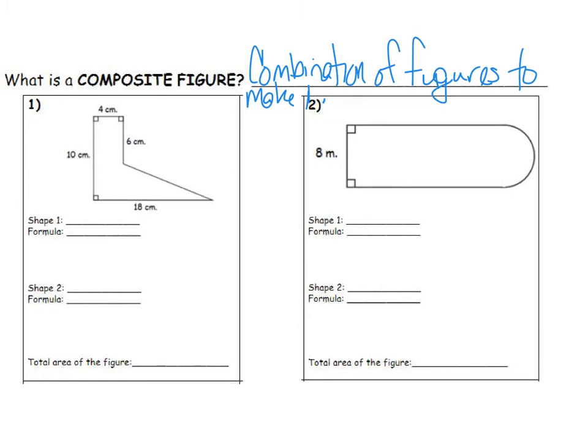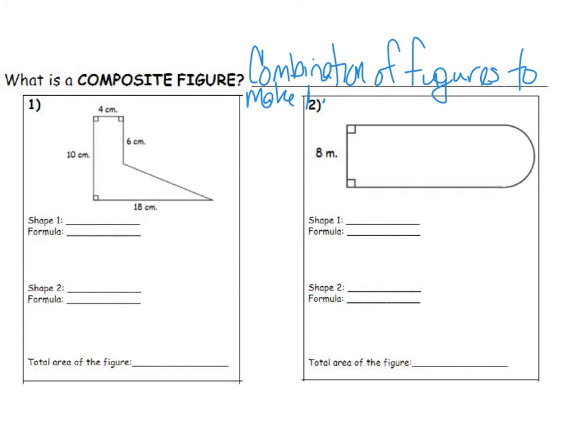In other words, you're going to cut the figure into 2 or 3 different parts. I'm going to give you about 10 minutes to do that. So go ahead and get started. The reason we're doing it like this is because I want to make sure that you see the figures that I see.